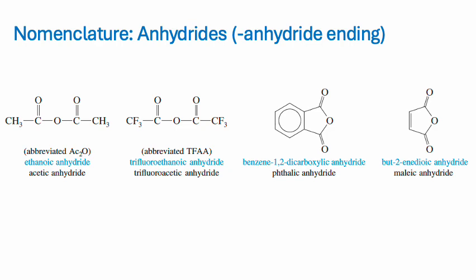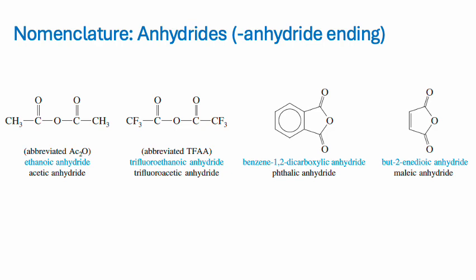These next ones are cyclic anhydrides, and sometimes we'll see them like this. Don't worry too much about naming them, but let's at least look at these two. Benzene 1,2-dicarboxylic anhydride. If those were acids, we would call this benzene 1,2-dicarboxylic acid.